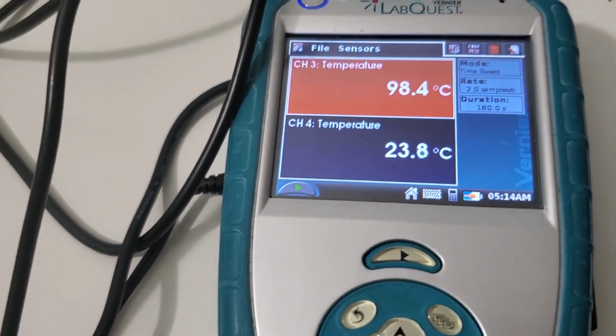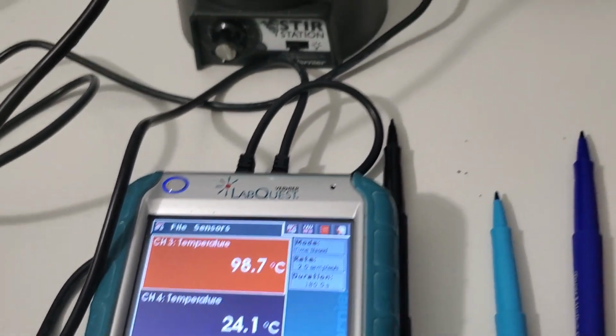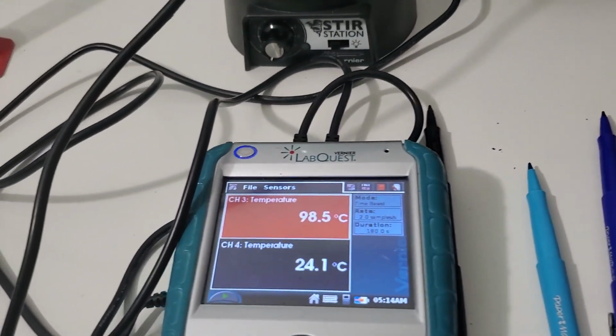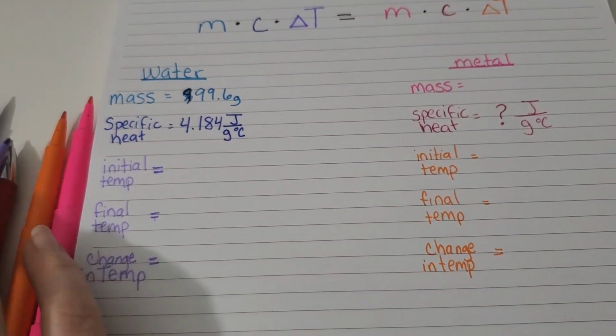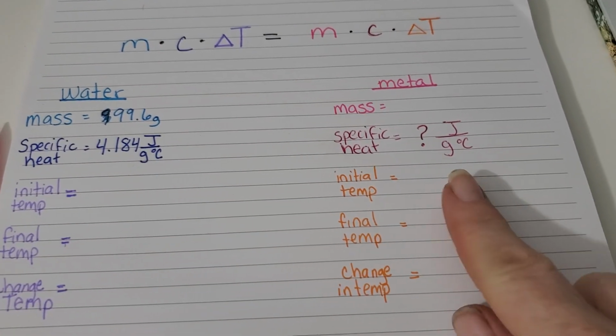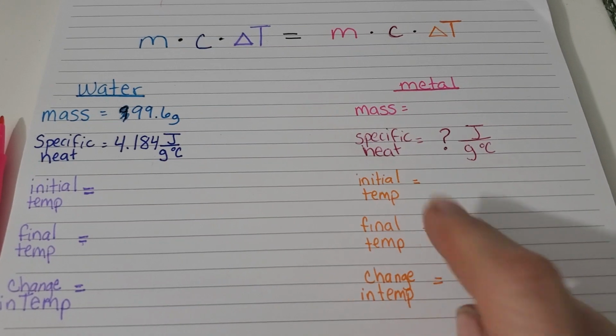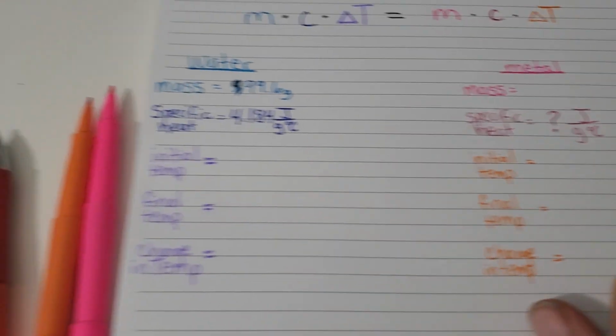And we'll give that a minute while we get our other measurements. All right, my mass of my metal we're going to get afterwards because I already had it sitting in the boiling water. The specific heat we don't know, so the only thing we can get to start with is our initial temperature.